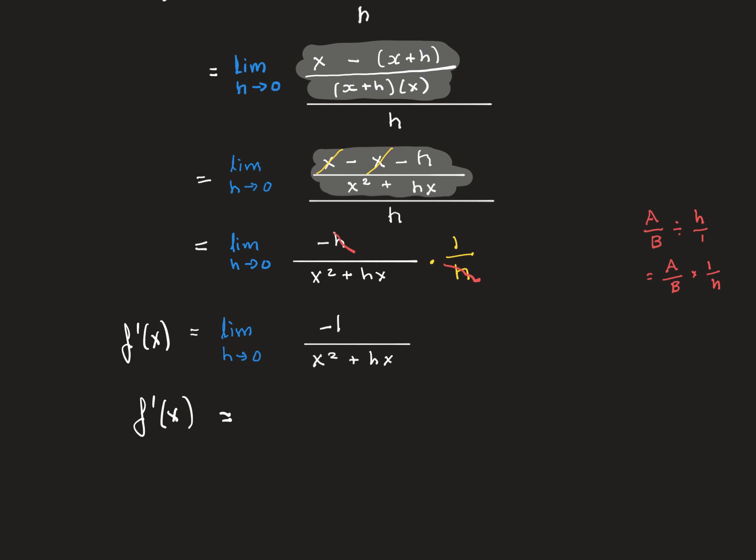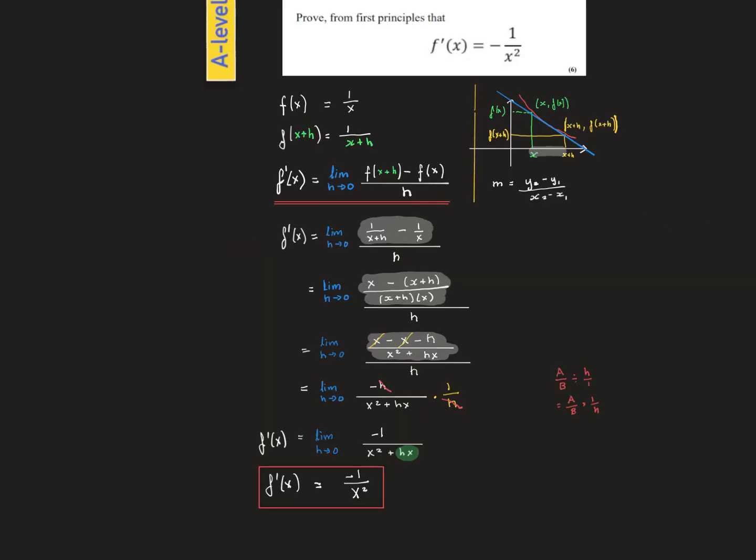We make the h 0 and we're left with 1 over x squared, because this now becomes 0. And so we were able to prove that f dash x is equal to minus 1 over x squared.